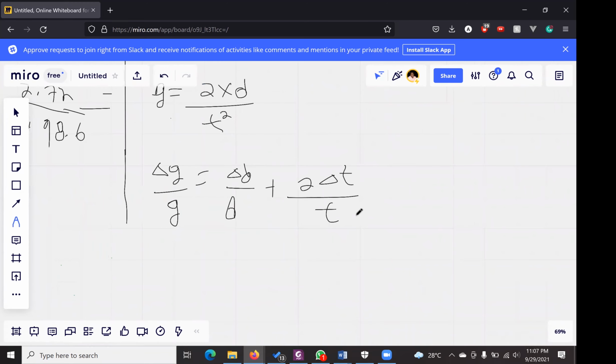That's it. Now I'm going to multiply both sides by g. Why? In order to get delta g. Perfect.